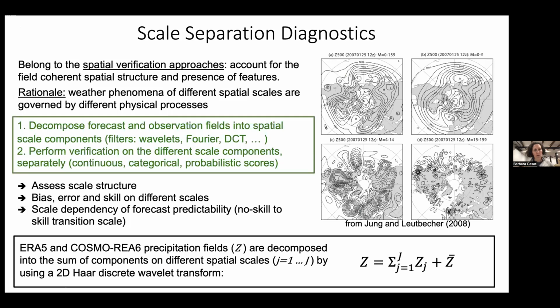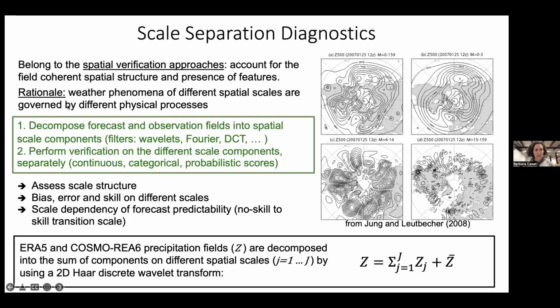And these spatial components have got different scales. So they use some filters like wavelets or Fourier or discrete cosine transform. And then they perform the verification on the separate scale components individually, by using traditional verification methods.